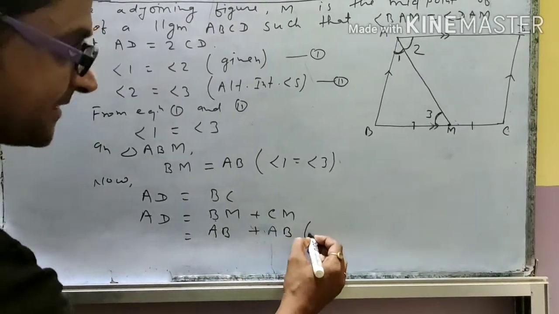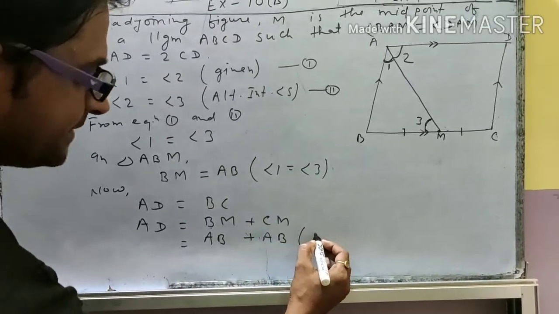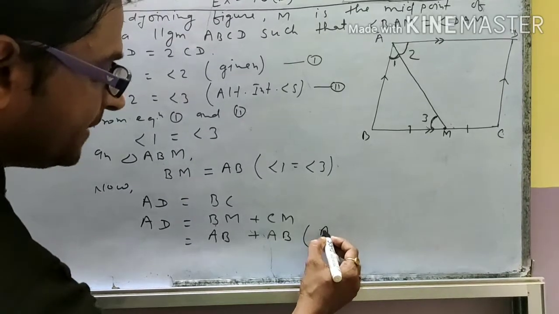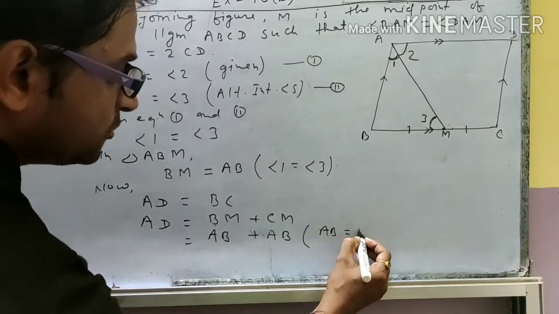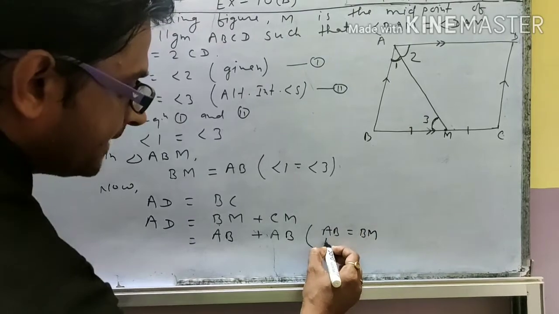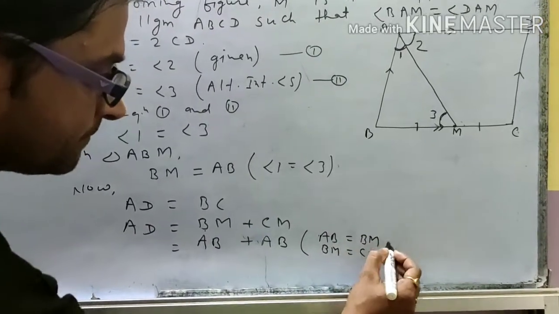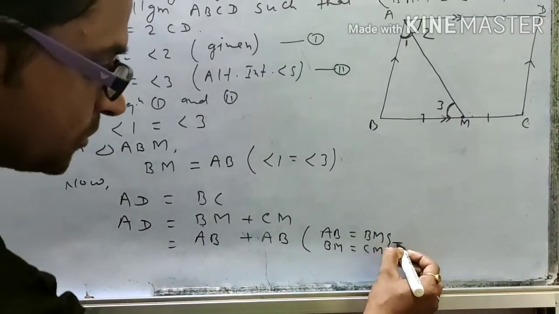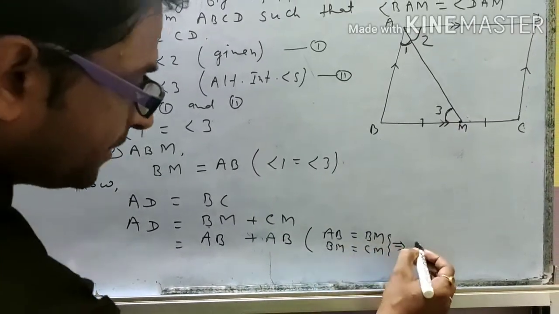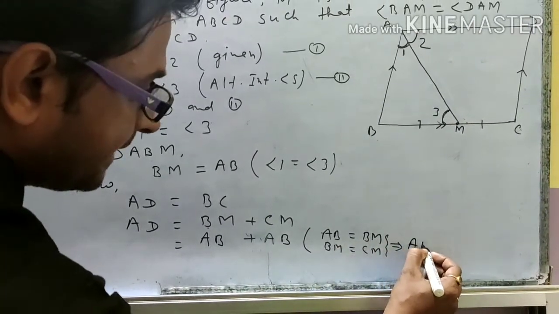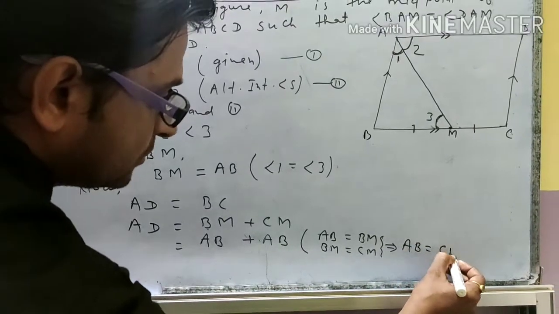So put here reason student. What is the reason? AB is equal to BM and BM is equal to CM. Under these two concepts, we can write here AB is equal to CM.